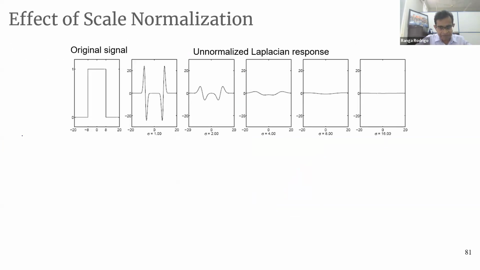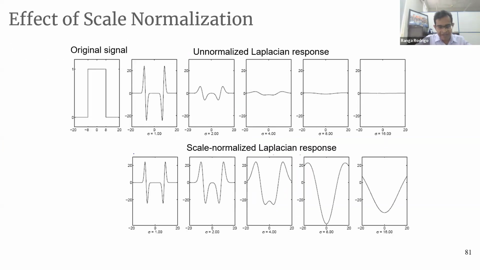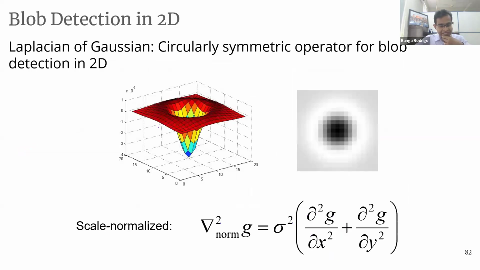Therefore, if you multiply by sigma squared, you will get the maximum response, as we wish, when the sigma matches the blob size in the image. Okay, that is a maximum. So the scale normalized version of the Laplacian of Gaussian is multiplied by sigma squared.